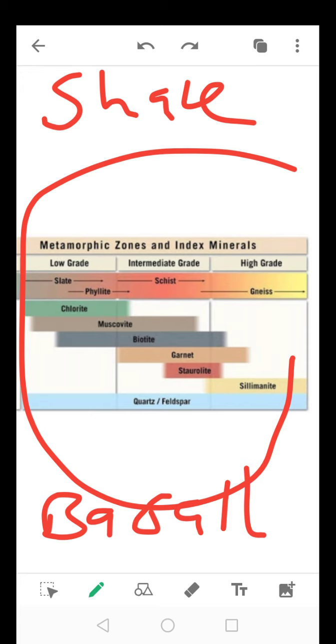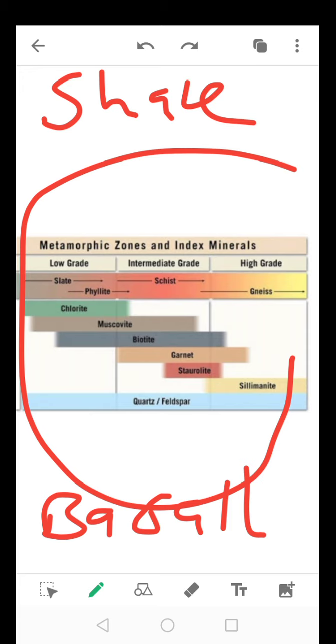They are good markers of the metamorphic conditions. Which conditions? Low grade, which likely refers to low temperatures and pressures, the intermediate, something in between, and the high grade, which is high temperatures and pressures.